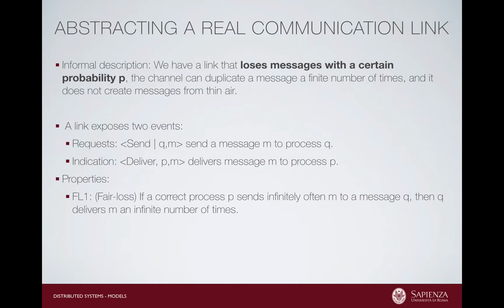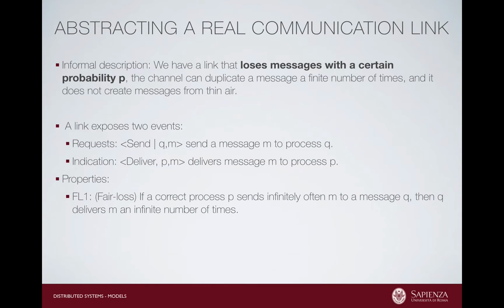And the fair loss property says that if a correct process p, correct meaning a process that does not crash or fail, sends a message m infinitely often to a process q, then q delivers m an infinite number of times.